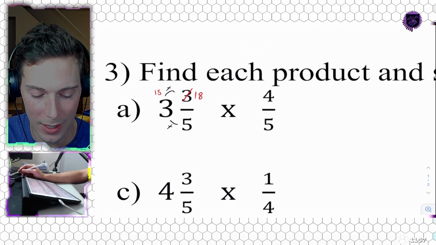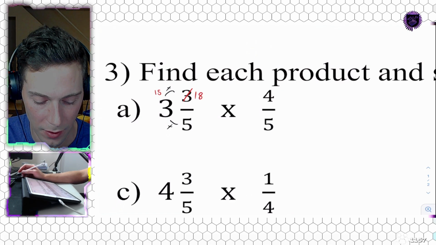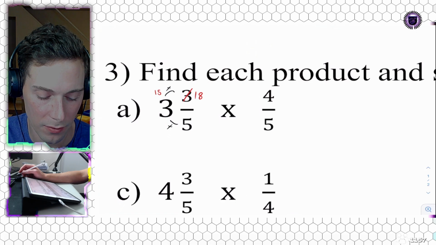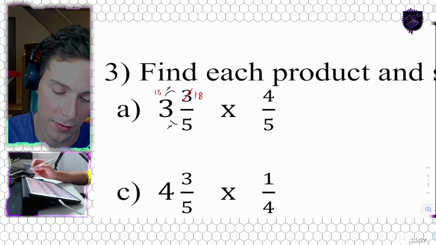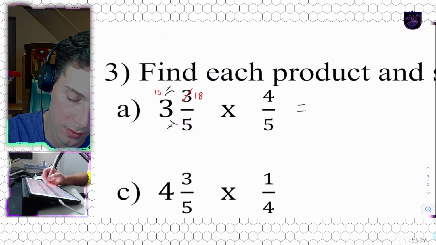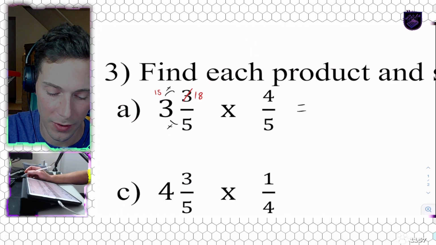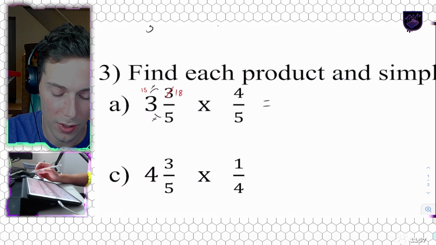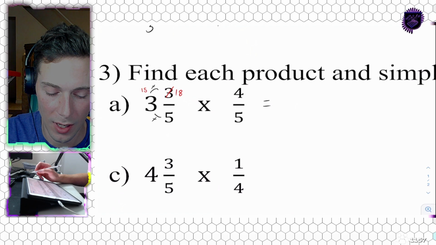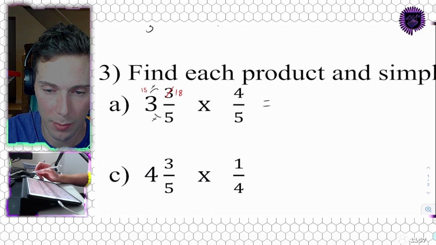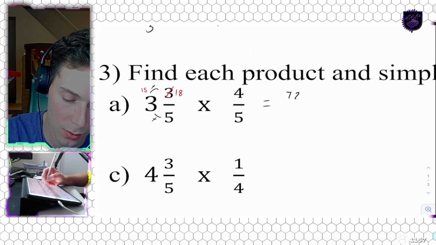And then we're left with 18/5 times 4/5. Now 18, 5, 5, 4. No common factors here. So we're just left with this. It's somewhat difficult. We'll have to simplify it at the end into a mixed fraction. 4 times 18. 4 times 10 is 40. 4 times 8 is 32. 40 plus 32 is 72.